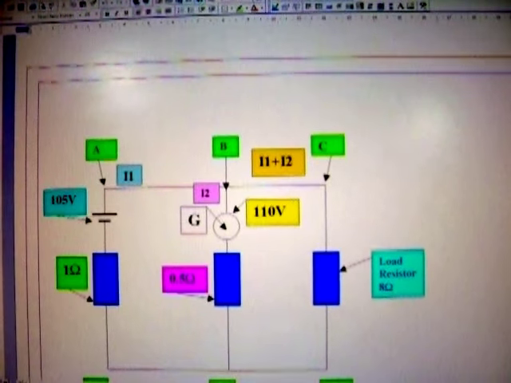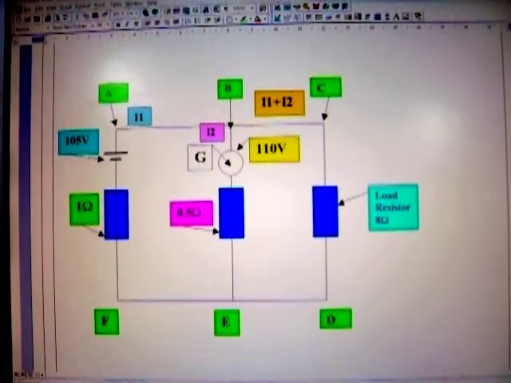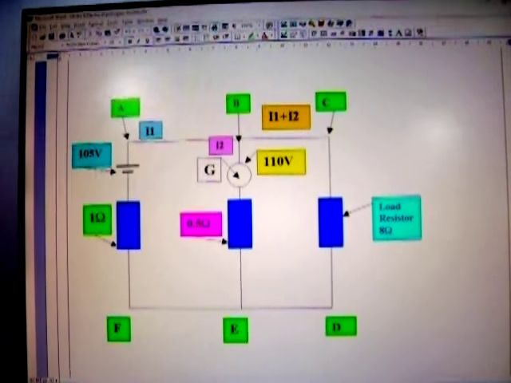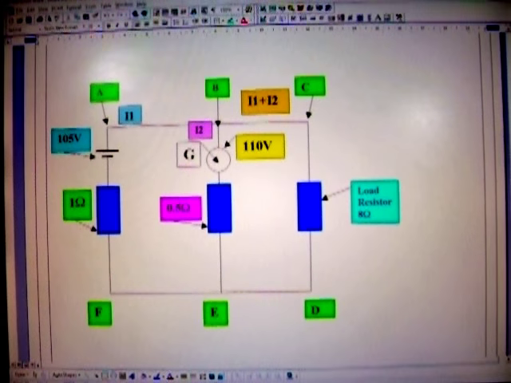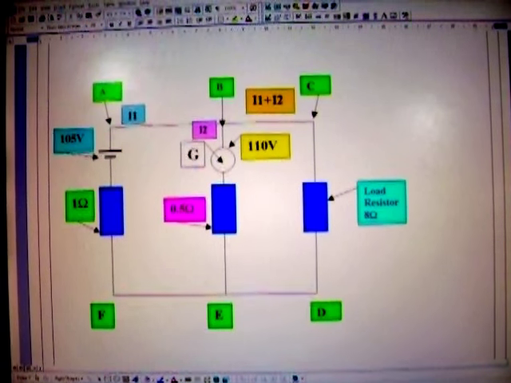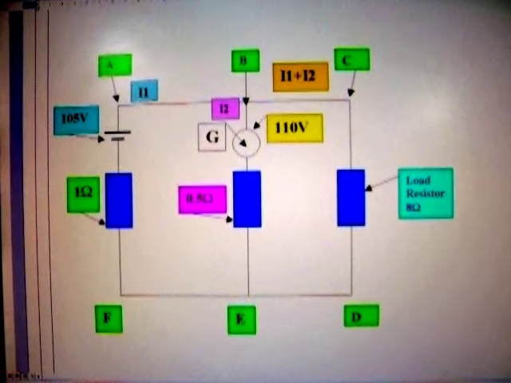Now here's the diagram. Make sure you have it in full. Let me just turn back a bit so you can get it in full. Draw it out. Make sure you have all the details of the diagram in place.